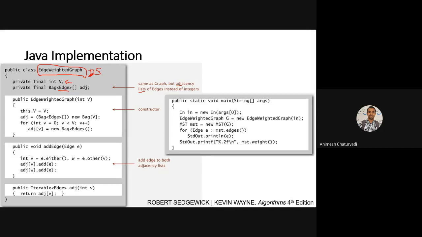So the edge is defined. This is again a data structure, for creating an adjacency list of edges. Then you want to build the edge weighted graph, and you have this as a constructor.